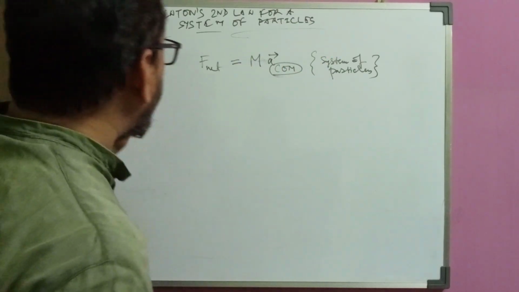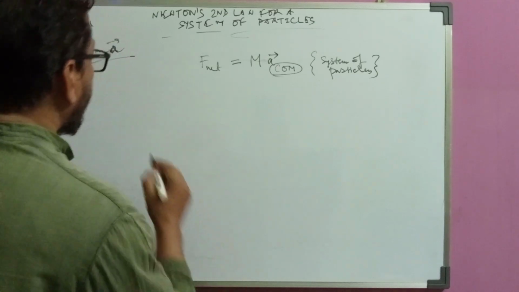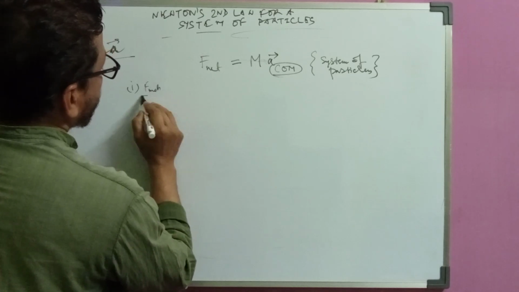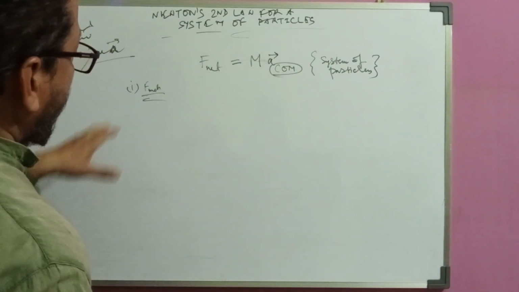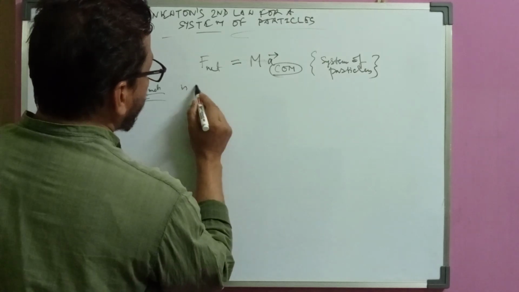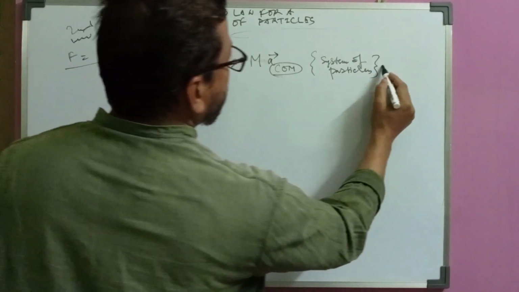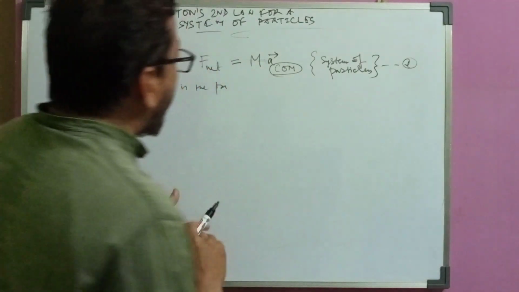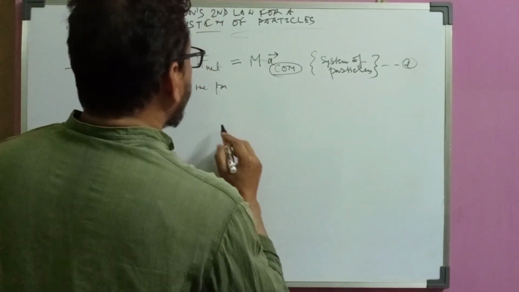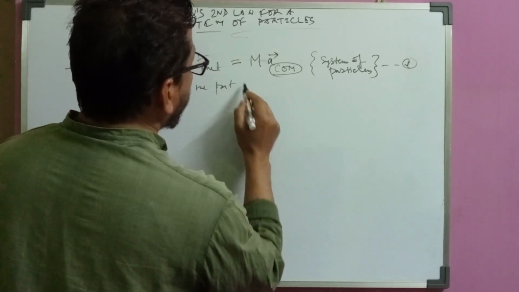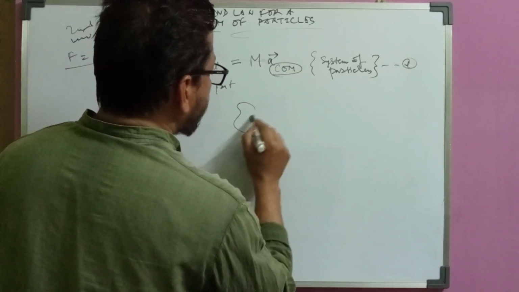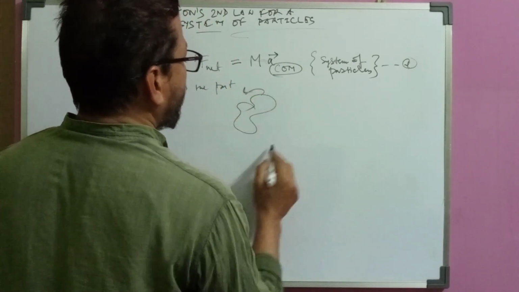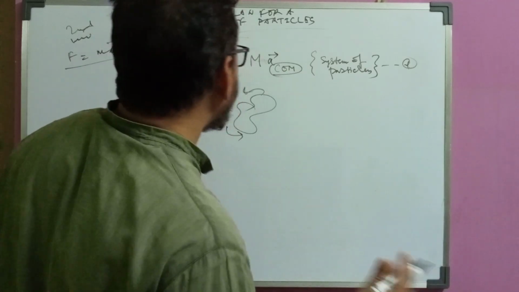Now the postulates are like this. Number one: what is F net? This is the first postulate, equation number one. F net is the part that acts while the system is on the move, in any move.